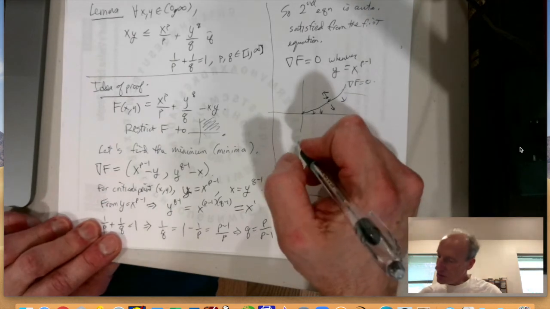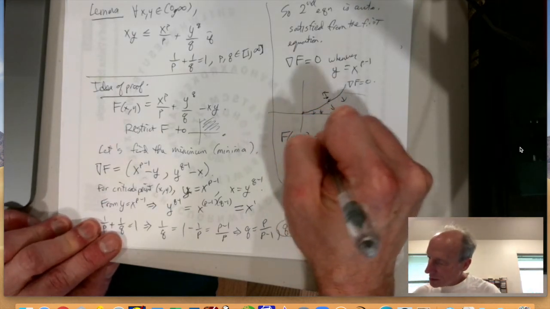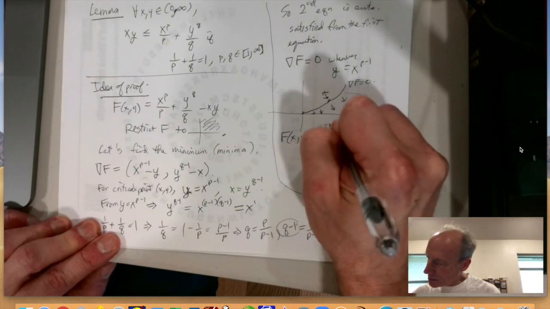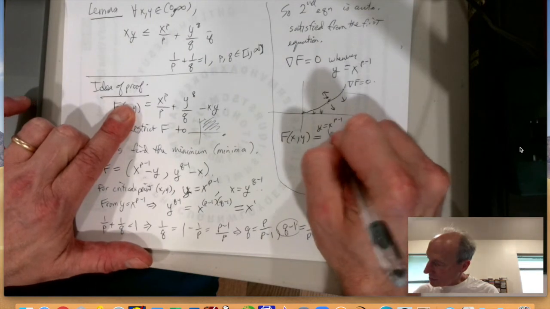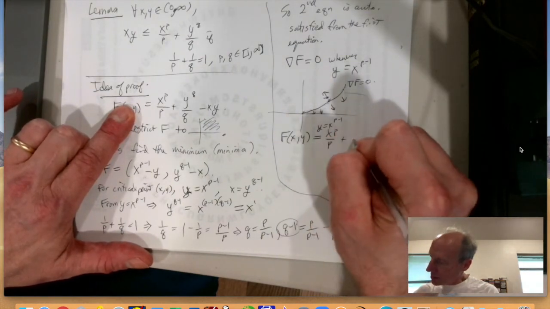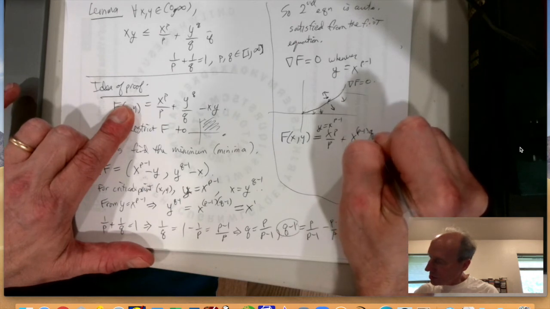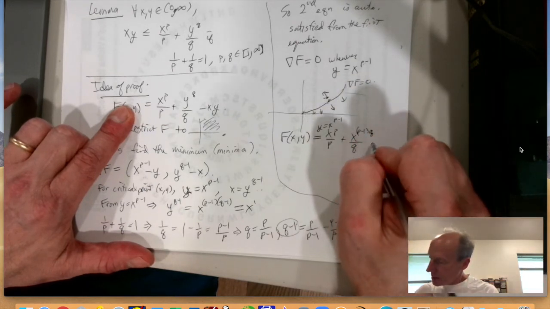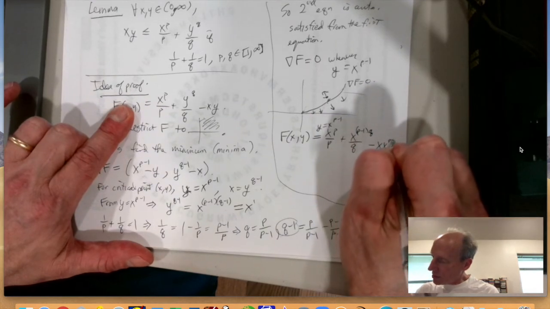So let's see what that value is. If we plug in y equals x to the p minus 1, we get x to the p over p plus x to the p minus 1 times q over q minus x times x to the p minus 1.